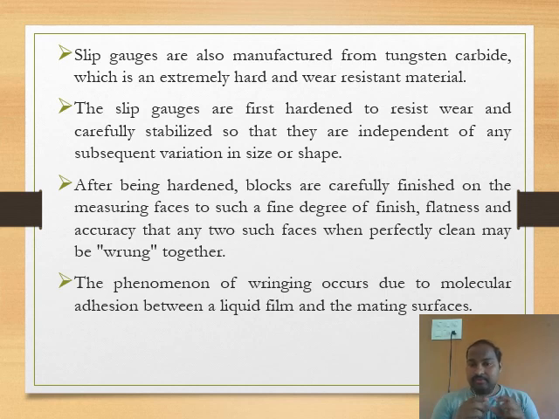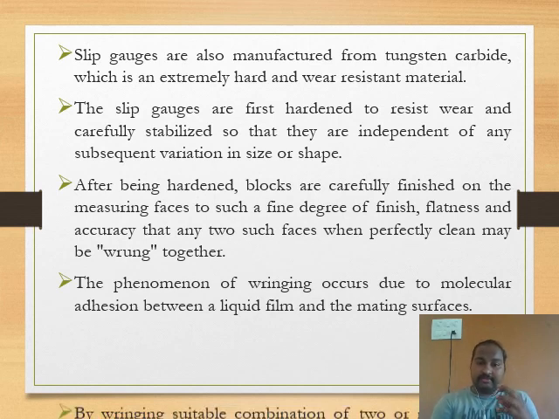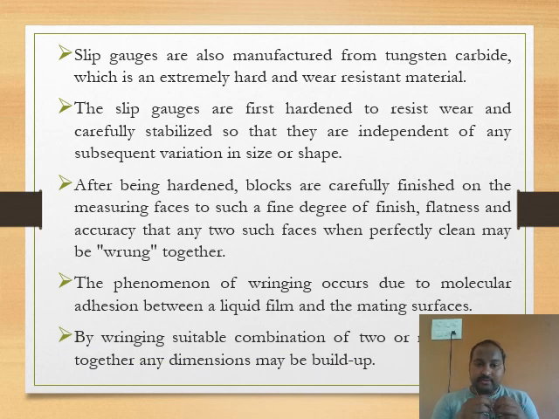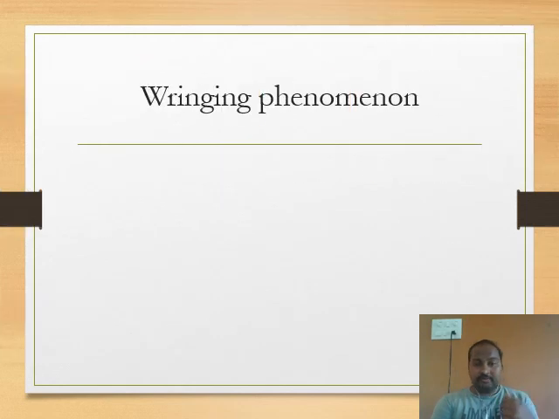That is, when two flat surfaces with a fine degree of finish are rubbed together, a liquid film forms between the mating surfaces due to molecular adhesion. By ringing two or more suitable slip gauges, we can add any dimensions and build up lengths. That is how the end standards are built up, which we have seen in the problem also.